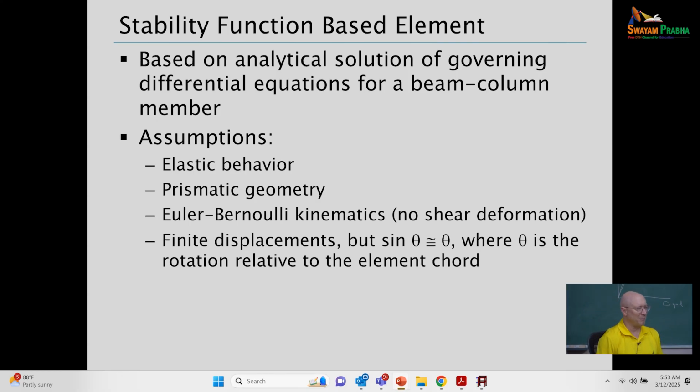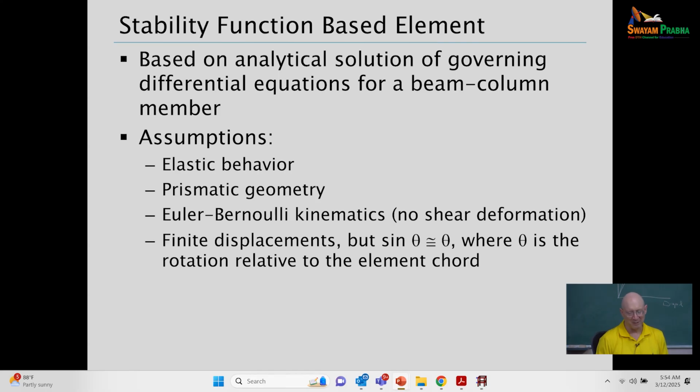And we're considering finite displacements with the stability function based element. But basically, if we're looking at a rotation, we're talking about a planar solution, so the discussion here is mainly focused on planar analysis.